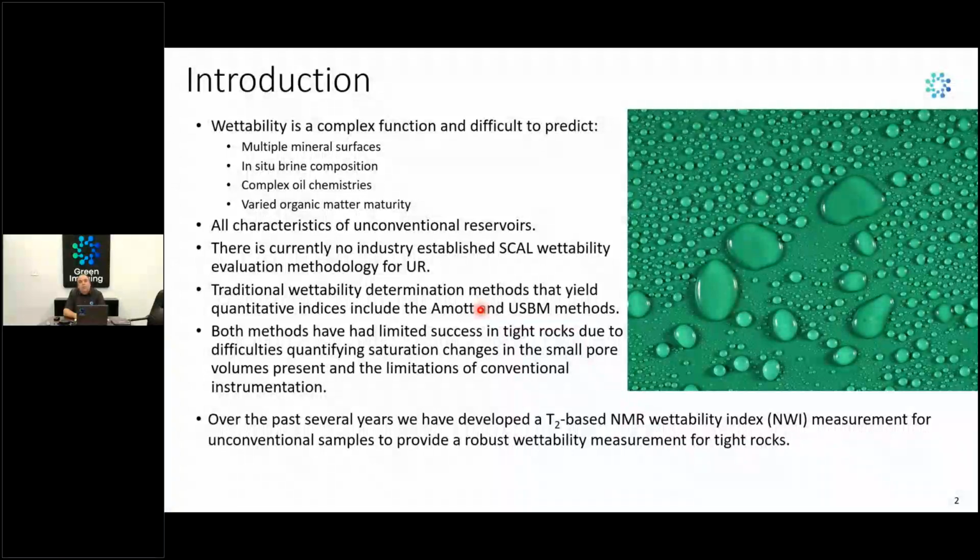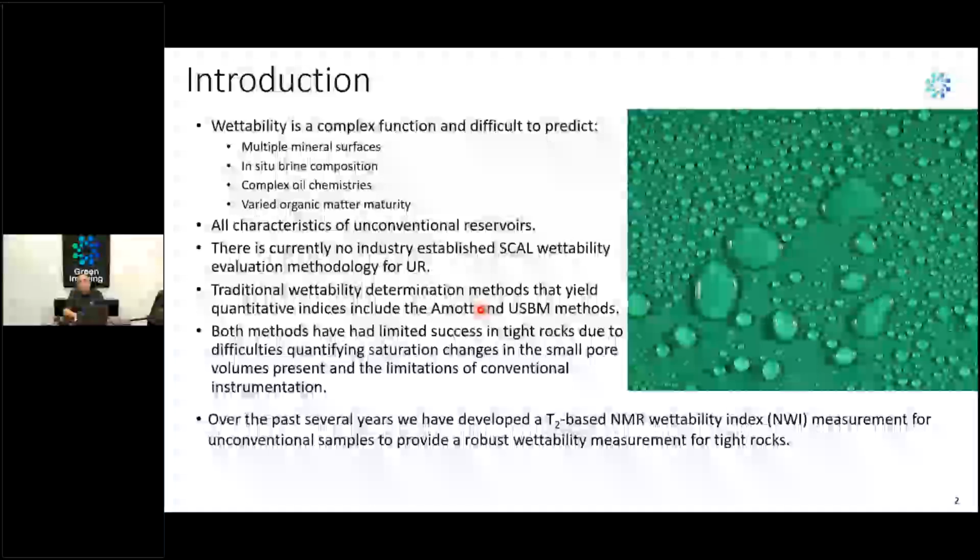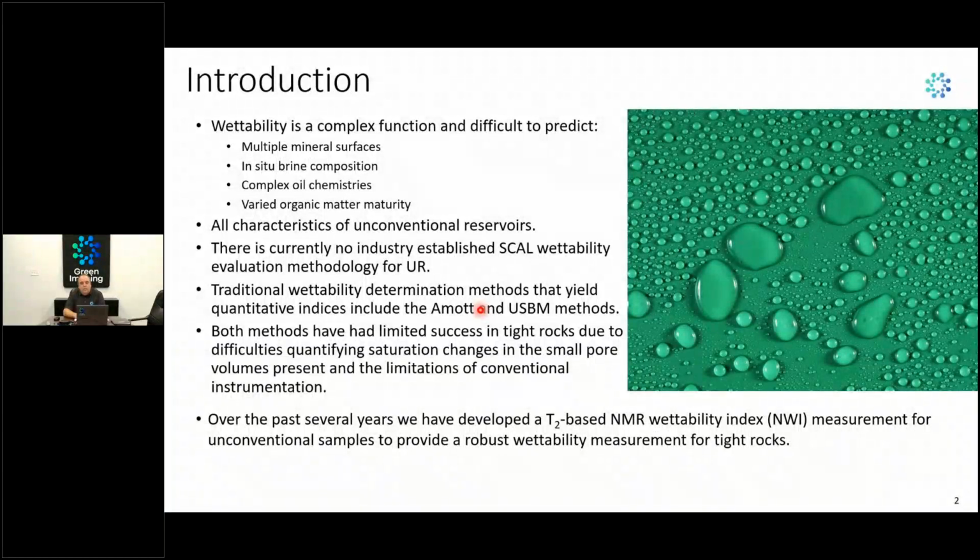And as you probably all know, there's currently no industry-established core analysis wettability evaluation methodology for unconventional resources. Traditional methods like the Amott or USBM methods that are used for conventional samples aren't really useful or can't easily be applied to unconventional samples. This is both because the tight rocks of unconventional samples have small volumes, making quantifying saturation changes difficult, and there are limitations of the conventional instrumentation.